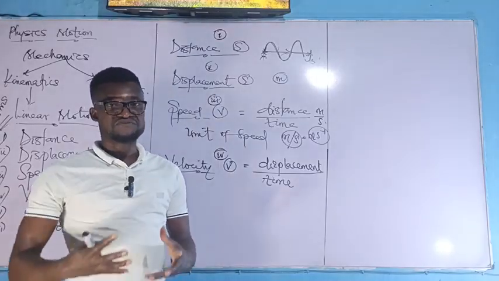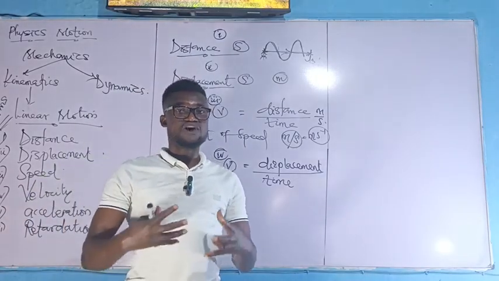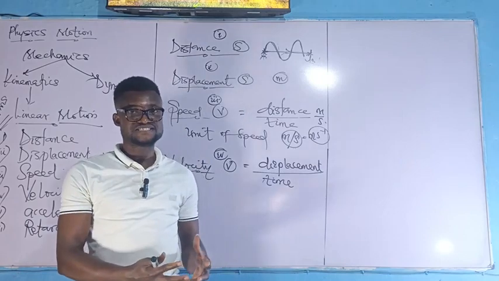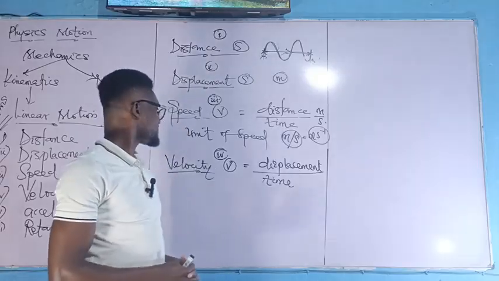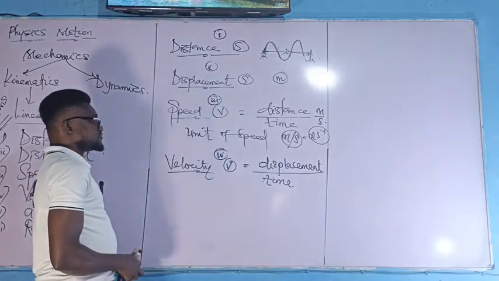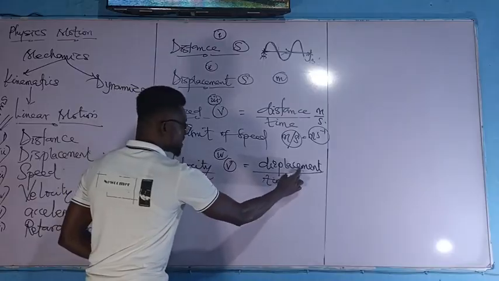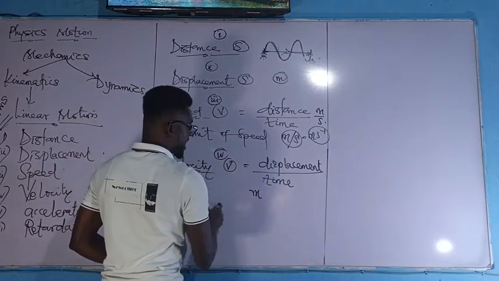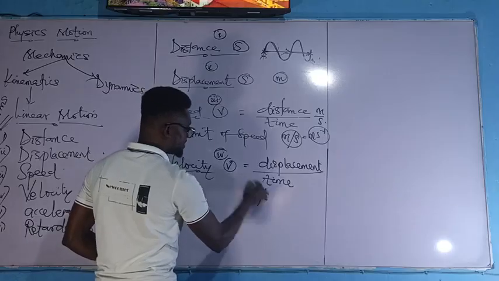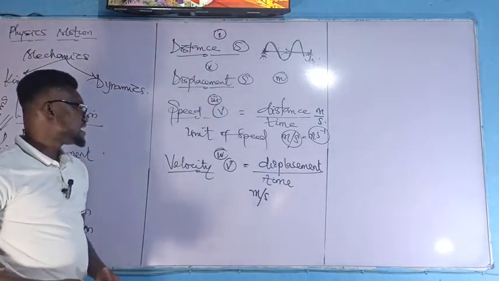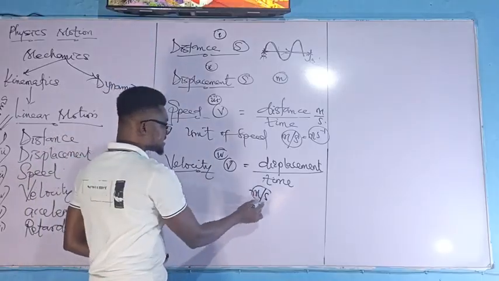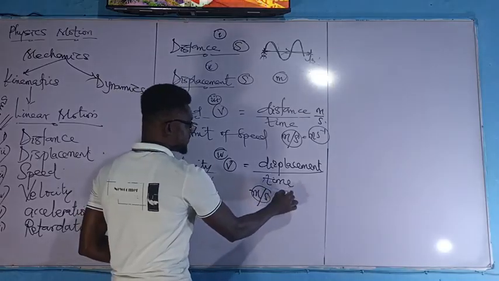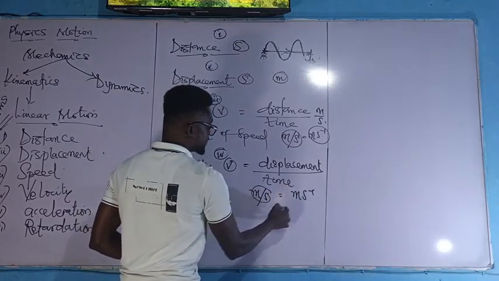Velocity can as well be defined as the rate of change of displacement per unit time. We have displacement measured in meter, while time is measured in seconds. Hence, the unit of velocity is meter per second. In index form, we have it as meter per second.